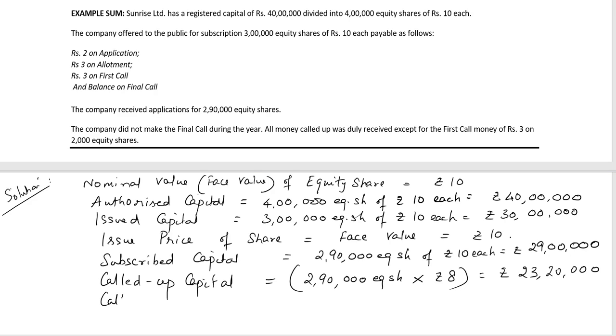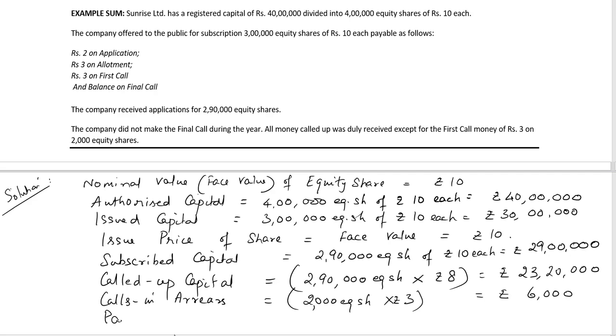So this amount is called calls in arrears. 2,000 equity shares multiplied by the first call not paid, rupees 3, equal to rupees 6,000.